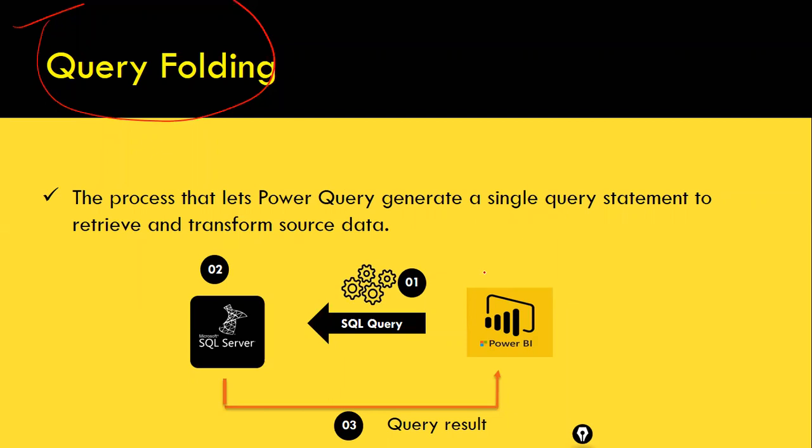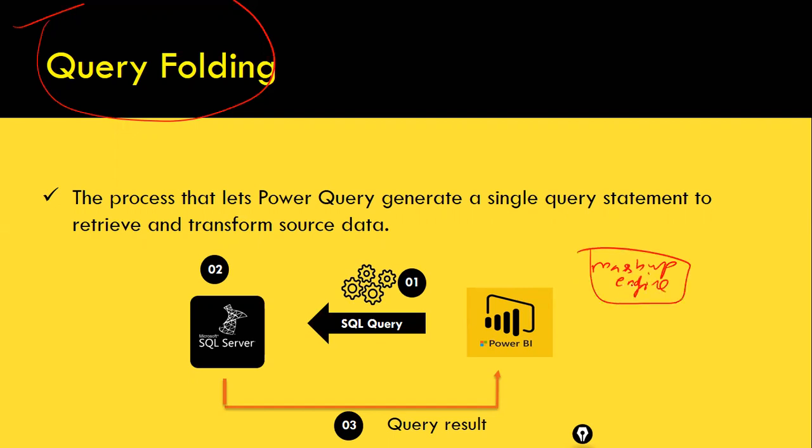In this case, the Power Query Editor pushes the data transformations or the task back to your database. It generates it through the mashup engine. The Power Query Editor has something called the mashup engine, also called the M language.